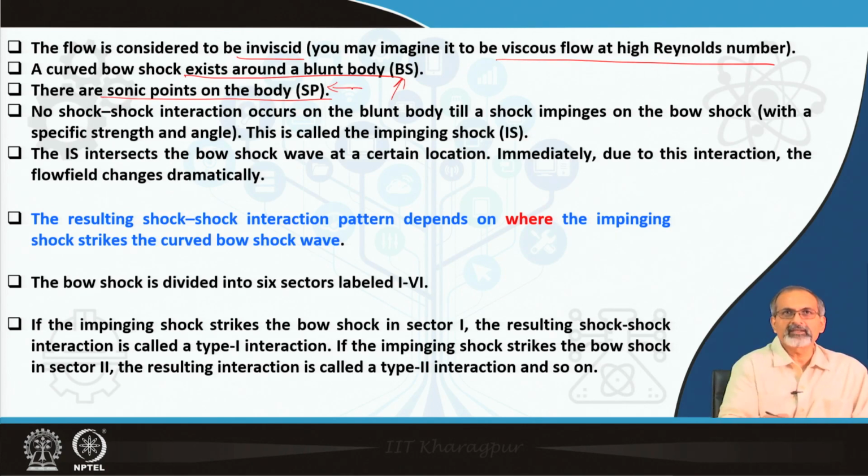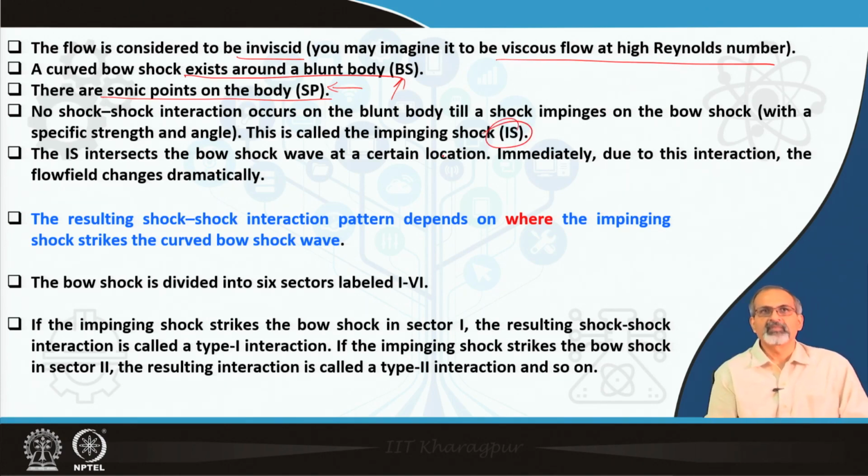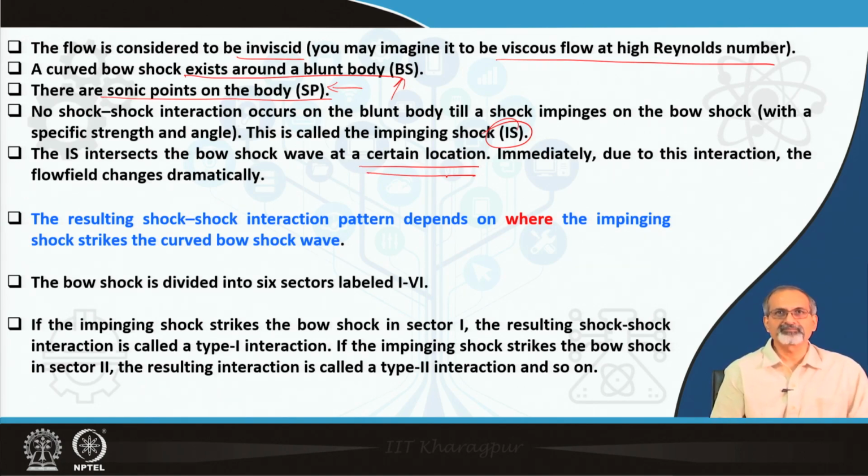No shock-shock interaction would occur on the blunt body till a shock impinges on the bow shock with specific strength and angle, and that is what is going to be called the incident shock, IS. It would be interacting with the bow shock at a certain location, and this location makes a lot of difference on the type of the interaction.